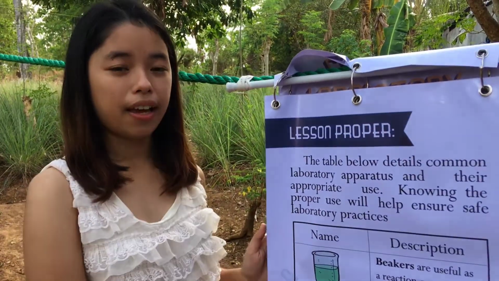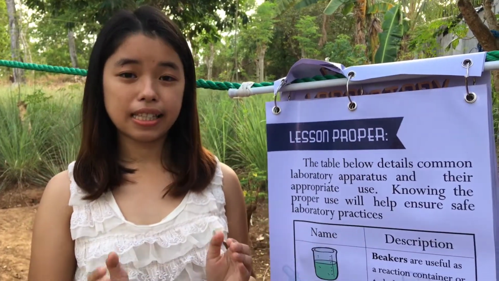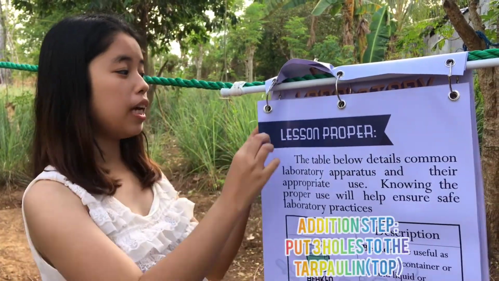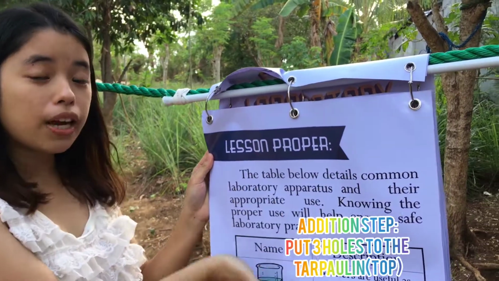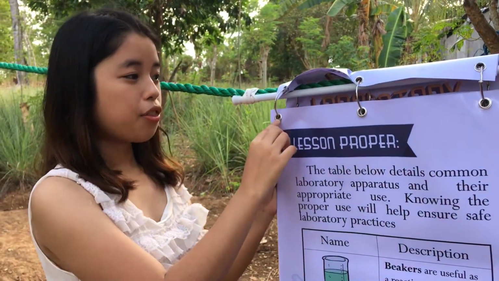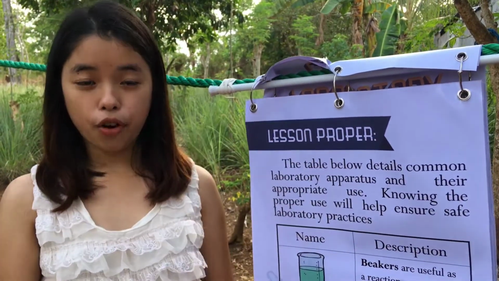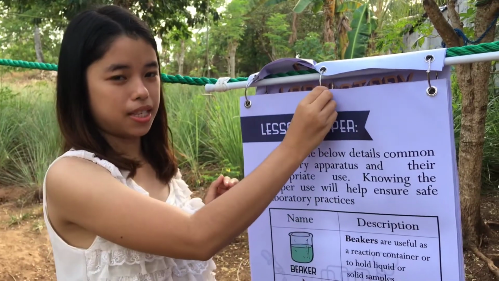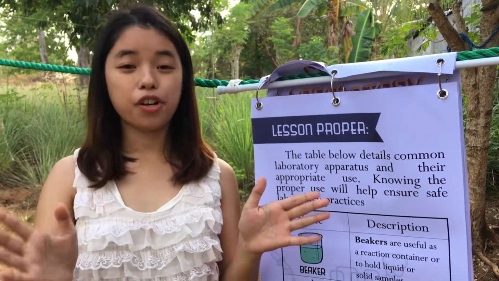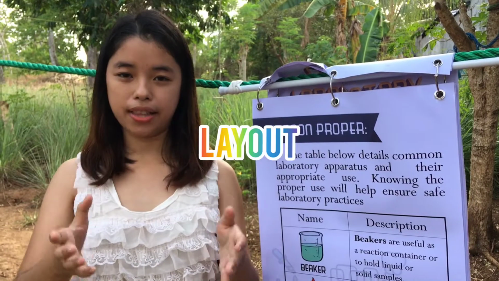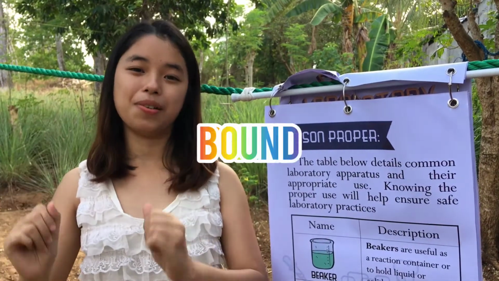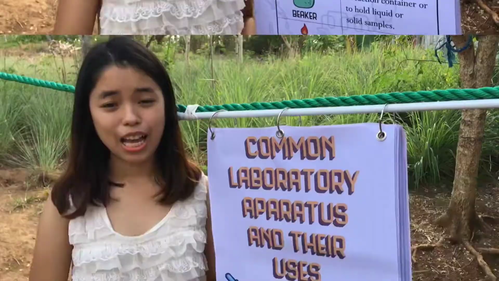And after printing, we instructed the attendees in the shop to specially put holes only on the top, 3 holes for the ring clamps. And that's it. First we lay out, then we print, and then we bind everything using metal rings.